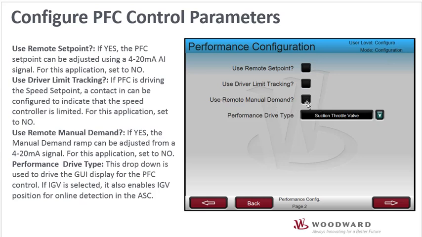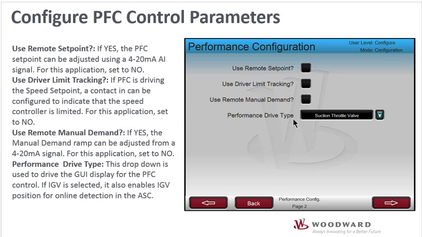Use remote manual demand. We're not going to use that in this application, but it is available as an option that an analog input can be used to remotely set the valve position directly or the final performance demand. So this will actually take over that manual positioning ramp using a 4 to 20 milliamp signal.